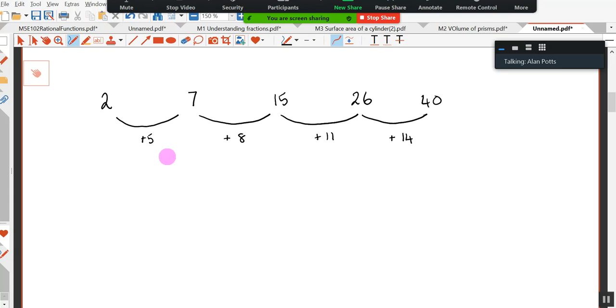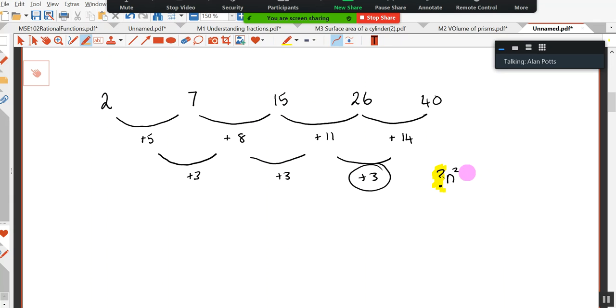Here it's plus 3, plus 3, plus 3. Now this method, because we're not relying on the algebra, this number here means quadratic, so we know it's an n squared, but what we don't know is how many n squareds. This is the unknown, okay?